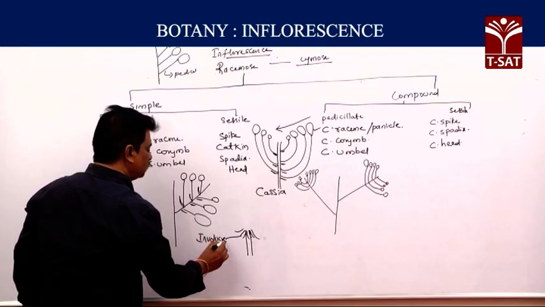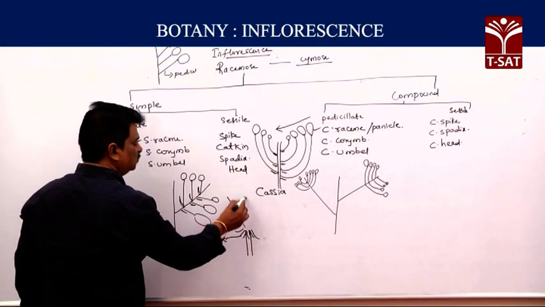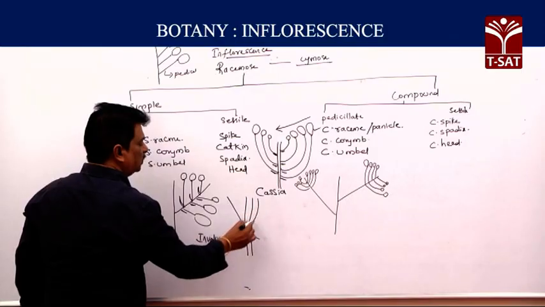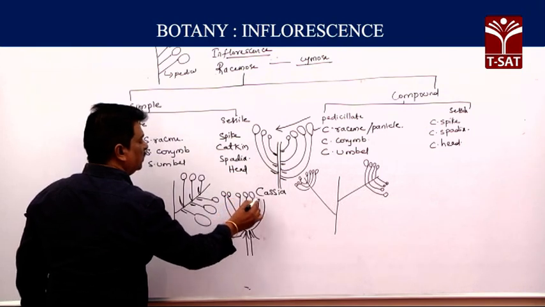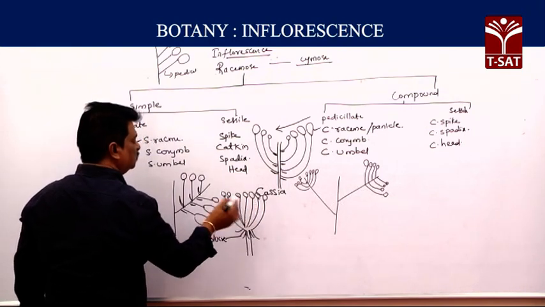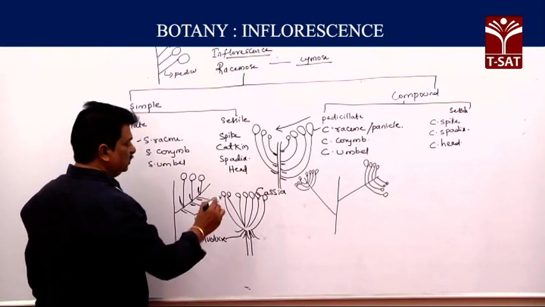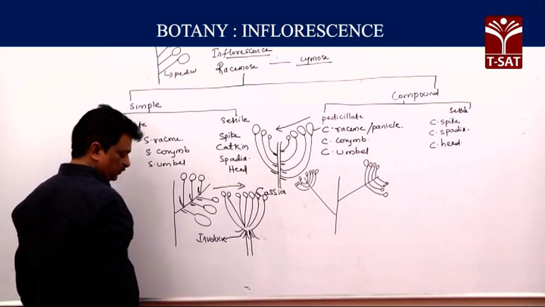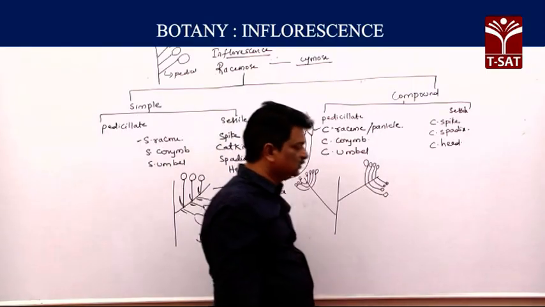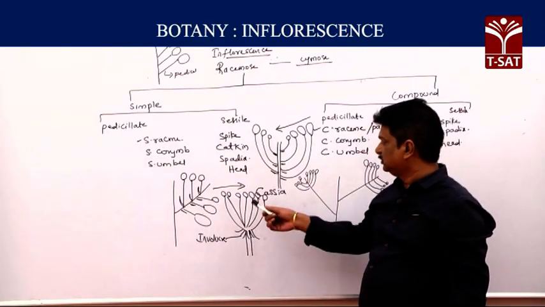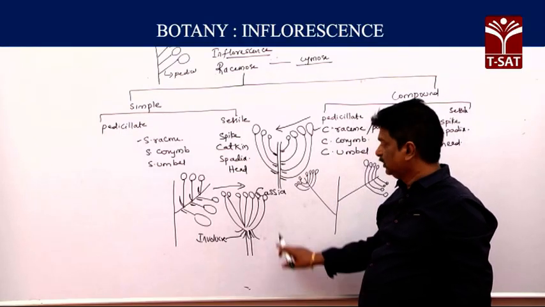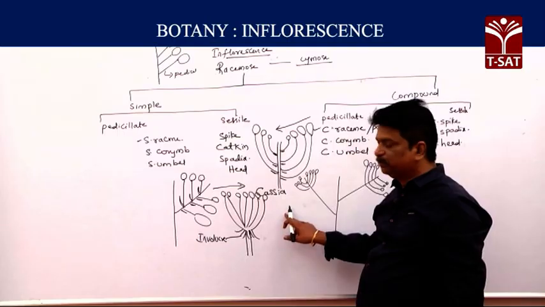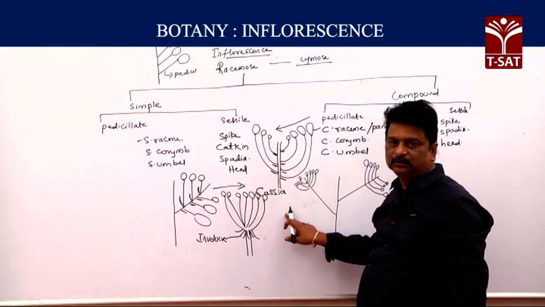Such a row of bracts is called involucre, and from the axils of the involucre several pedicellate flowers are formed, and all these flowers are brought to the same height. If flowers are brought to the same height, opening of flowers is from corner to center, so it is called centripetal. Example for simple umbel: onion.